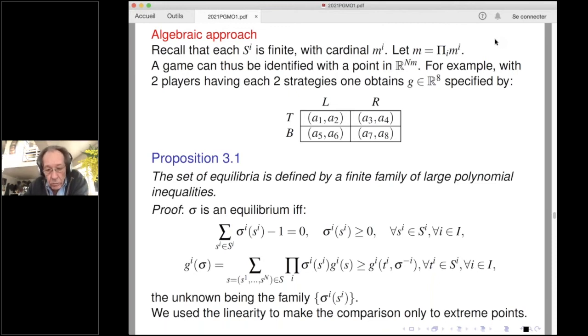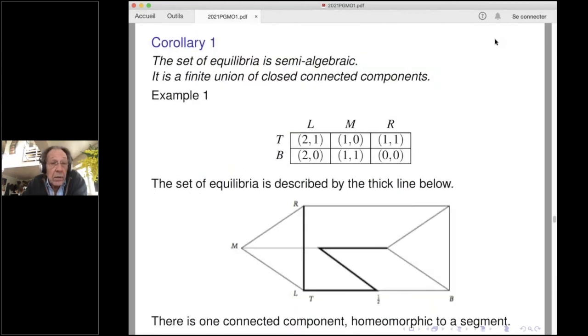Okay, so it's quite a nice set. However, you may have surprises. So the corollary: the set of equilibria is semi-algebraic, finitely many polynomials, and it's a finite union of closed connected components. So I give 2 examples.